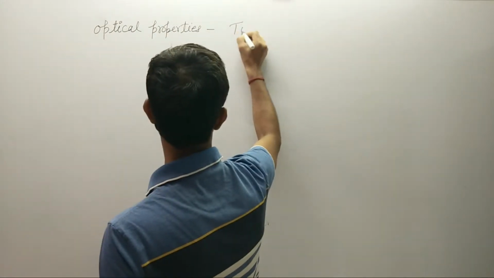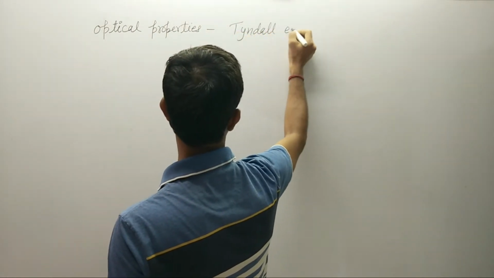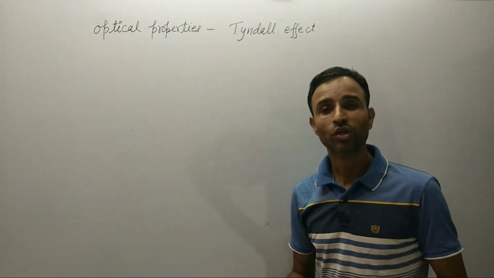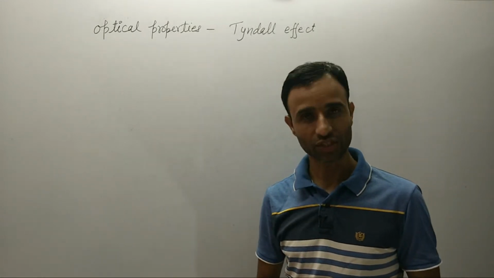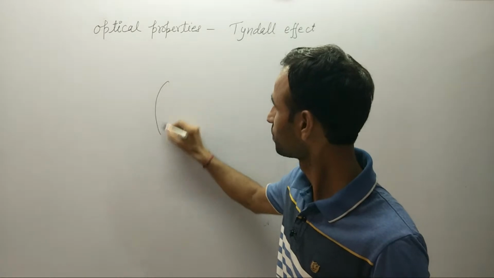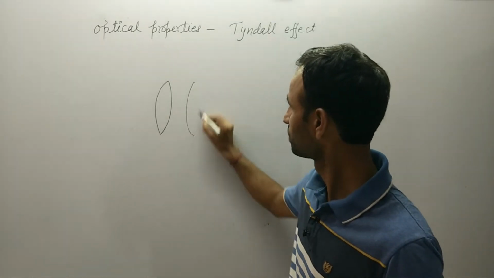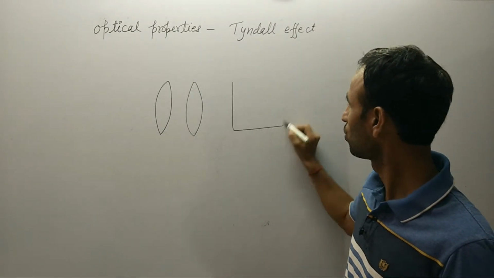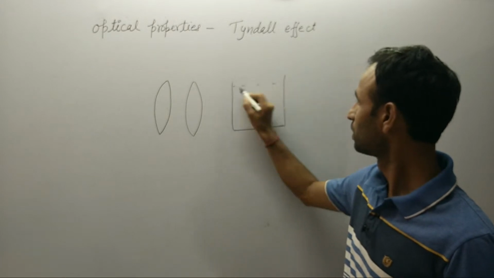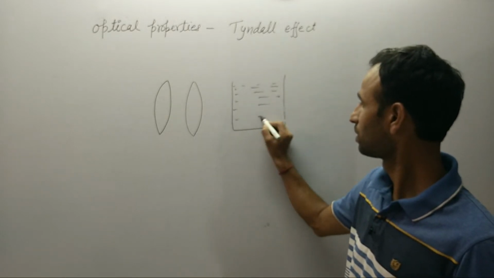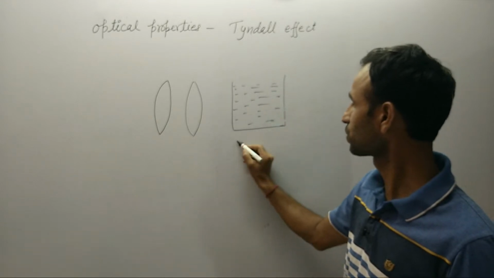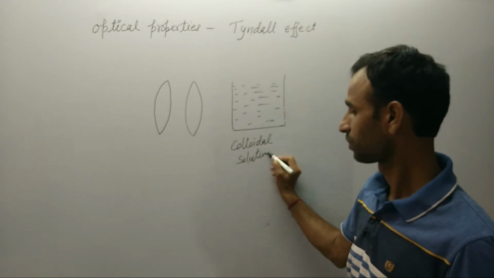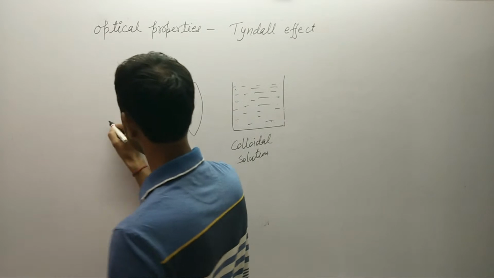That is the Tyndall effect. So when a strong converging lens is used, and light is passed through the colloidal solution, this is the colloidal solution, this is the converging lens, this is the lamp.